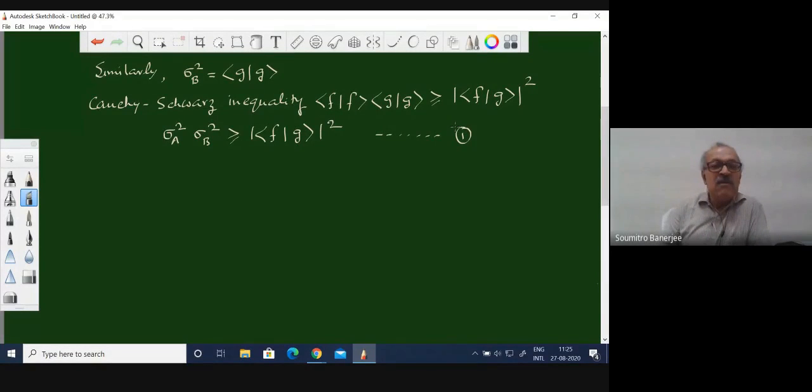Now, any complex number can be expressed in terms of its real part and imaginary part.